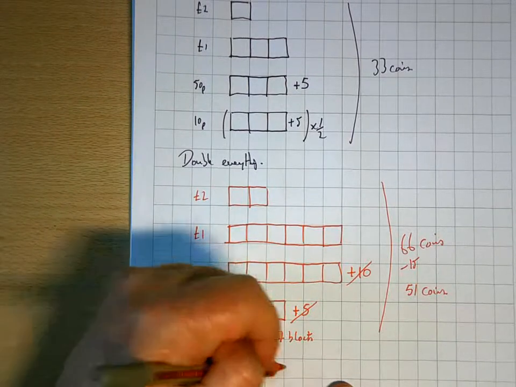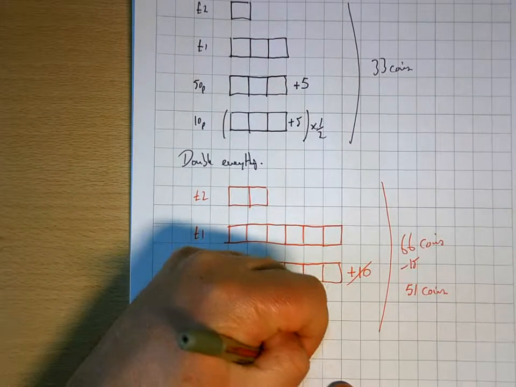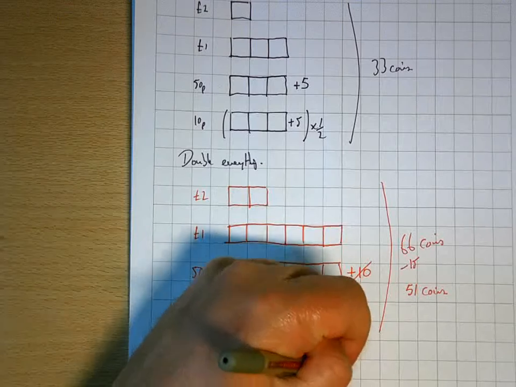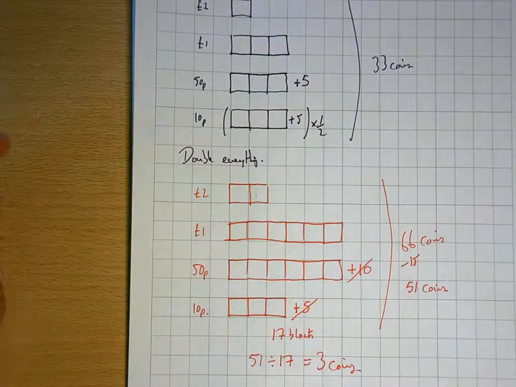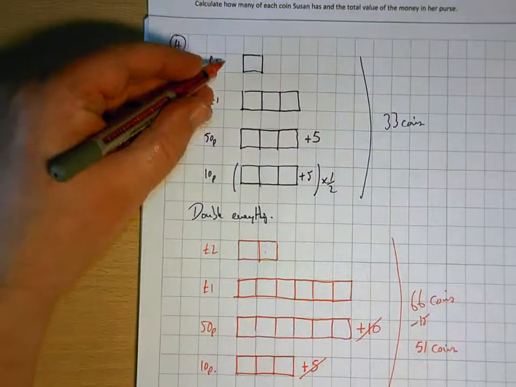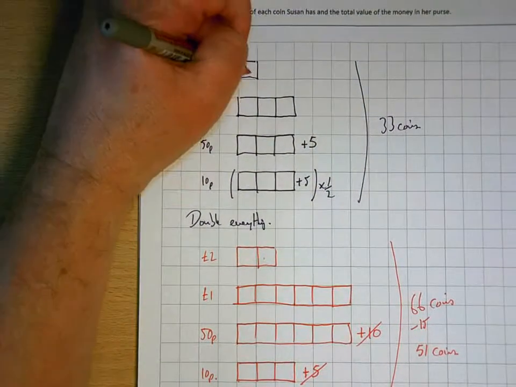So 51 divided by 17 is 3 coins. So each little block is 3 coins. So we can put that now back into the original one.